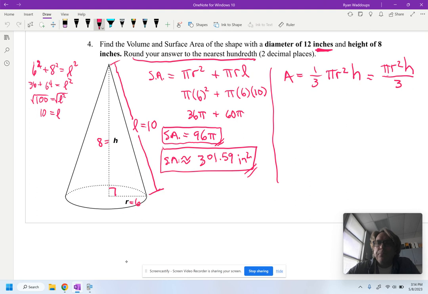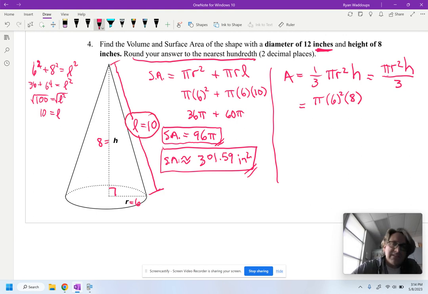So we can just put this in. We're going to put pi times r, which is 6, that's 6 squared, times the height, which is 8. This time, we're not going to use the slant height. It doesn't come into the formula here at all. It's just the height, and that's 8. And then all of that is divided by 3.